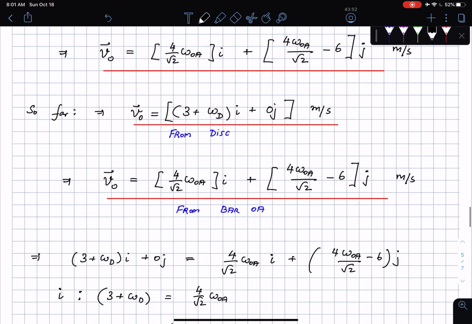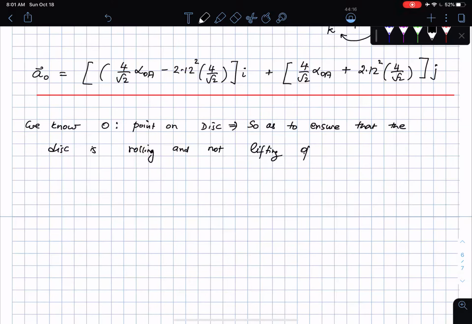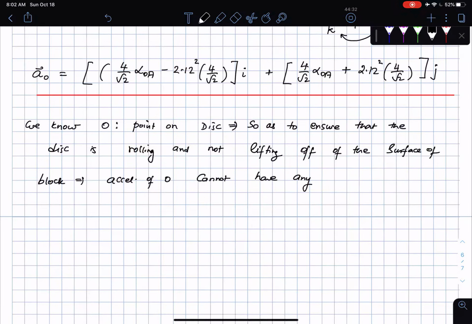Okay, so I'm going to write that statement down here. So as to ensure that the disk is rolling and not lifting off of the surface of the block, acceleration of O cannot have any value in the J direction, which implies that acceleration of O is something in the I and nothing in the J direction.